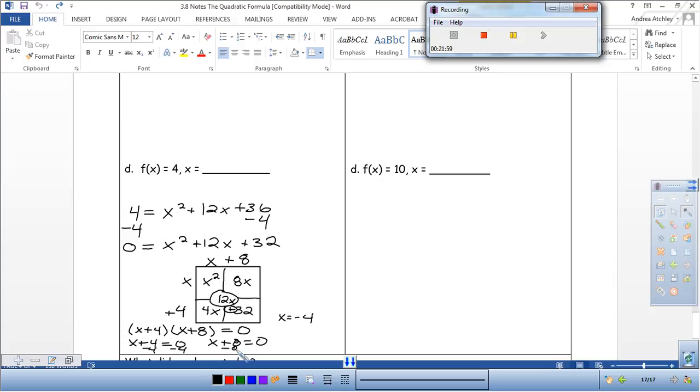I'll subtract 8, and I'll get x equals negative 8. So if f of x equals 4, then x is going to equal negative 4 and negative 8. Any questions over that? Okay, let's try the other ones.